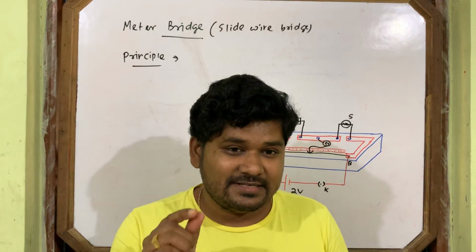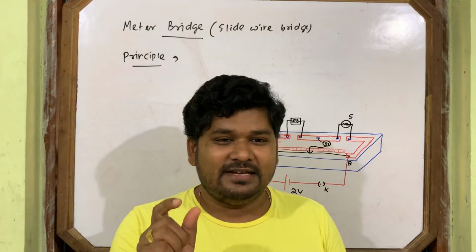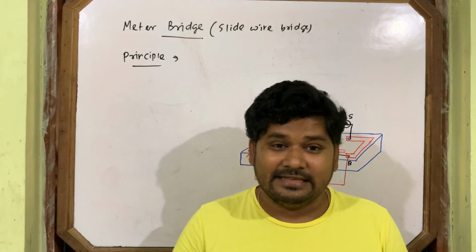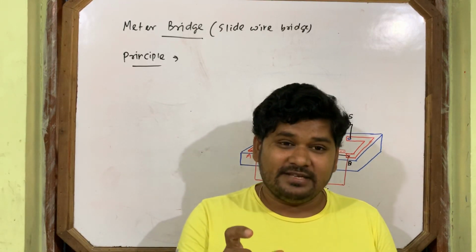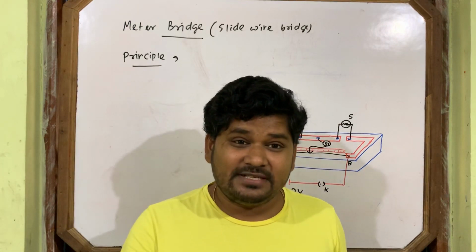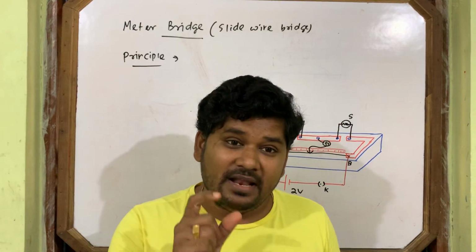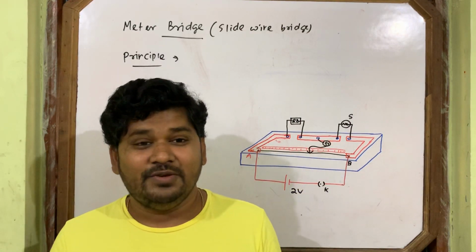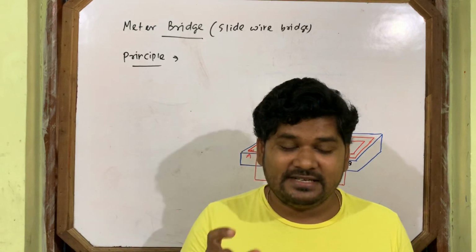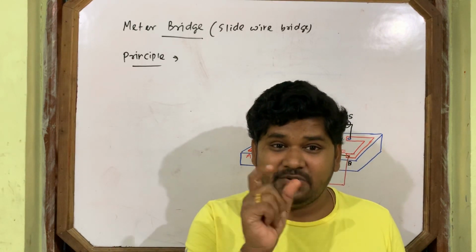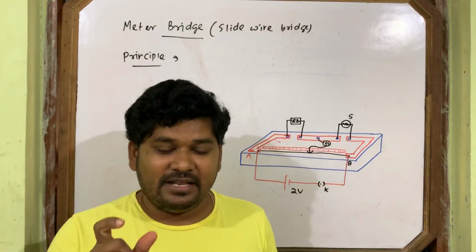Otherwise you will get either 0 marks or half a mark. Why? This comes in the marking scheme of the board. You have to write that it is based on the principle of balanced condition of a Wheatstone bridge. The word balanced is very important.